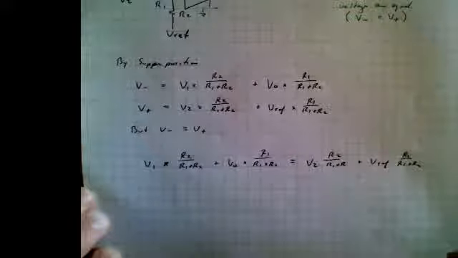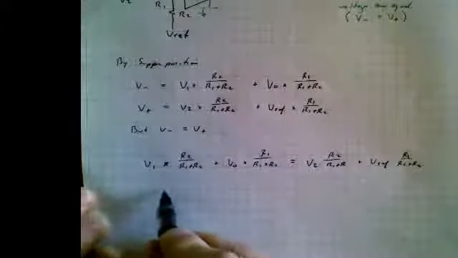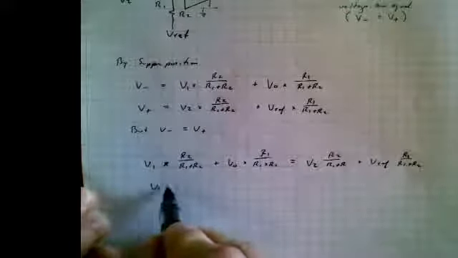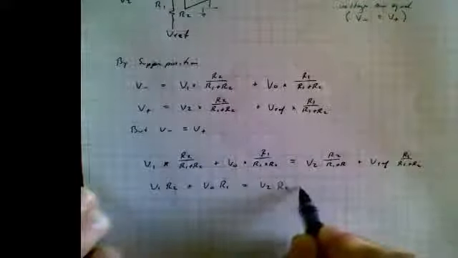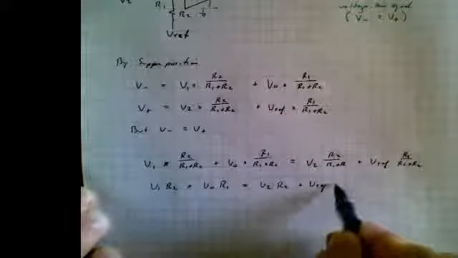All right, so right off the bat, we notice something interesting here. All these denominators are the same, and so they cancel right out. So we end up with a great simplification here. V1 R2 plus VO R1 is equal to V2 R2 plus Vref R1.